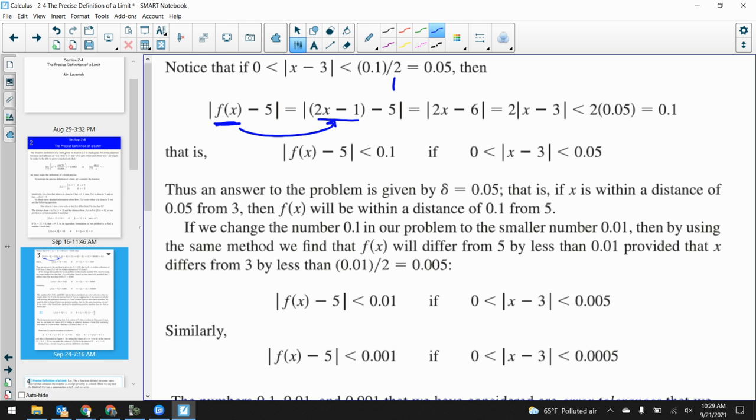This is the absolute value of 2 quantity x minus 3, right? Now, if that's 2 quantity x minus 3, since the 2 is positive, I can pull it out in front of the absolute value. Okay? That's why this 2 comes out front. Now, is there another place where you see the absolute value of x minus 3?